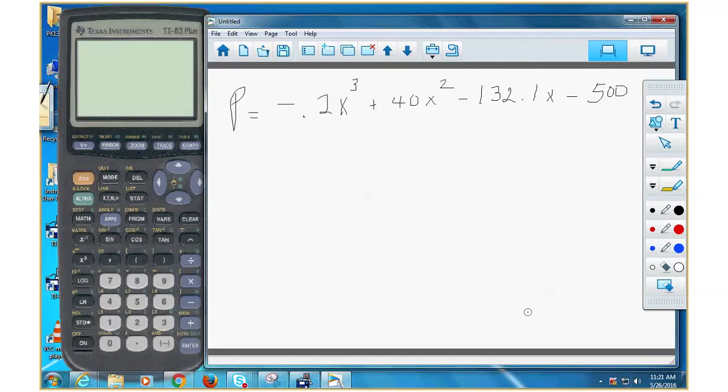Now, if you was to punch in 4, then you would find the marginal profit at that point. But if you take the derivative, then you're finding where it's changing at any point on that line.